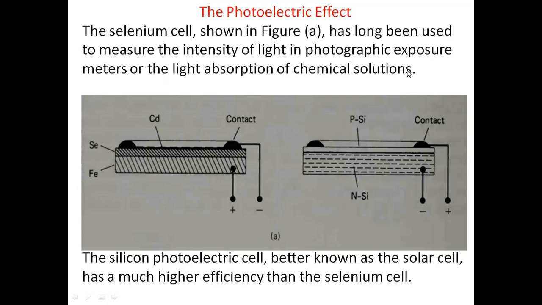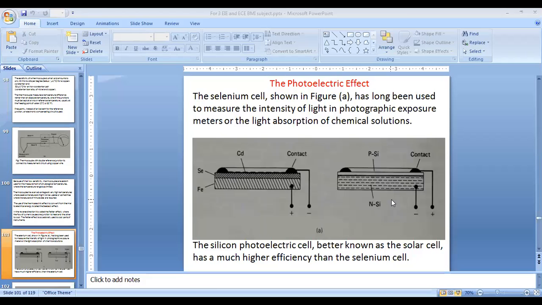Whenever light falls on a particular material, the light may be absorbed, some light may be transmitted, and some light may be reflected, or some may be refracted.